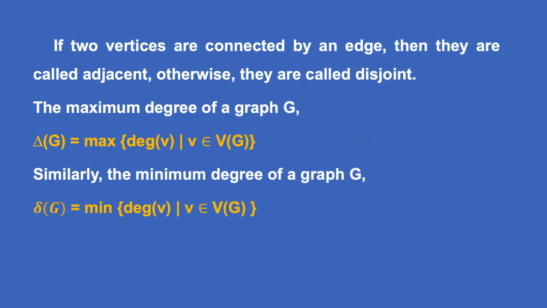If 2 vertices are connected by an edge, then they are called adjacent, otherwise they are called non-adjacent. The maximum degree of a graph G, Δ(G), is equal to the maximum of all degrees of v such that v belongs to V(G). Similarly, the minimum degree of a graph G, δ(G), is equal to the minimum of degree of v such that v belongs to V(G).